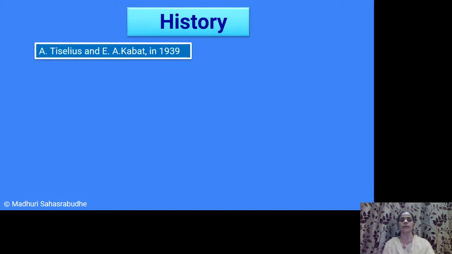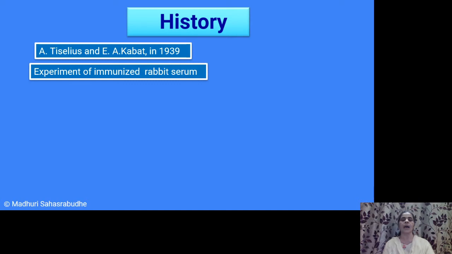So to see the historical points in detail, how Tiselius and Kabat in 1939 carried out the experiment with rabbit serum. First of all, rabbits are inoculated with an ovum protein, and this ovum protein acts as an antigen in the rabbit's body. So the rabbit's body produced immunoglobulins, and that is why it is called immunized rabbit serum.